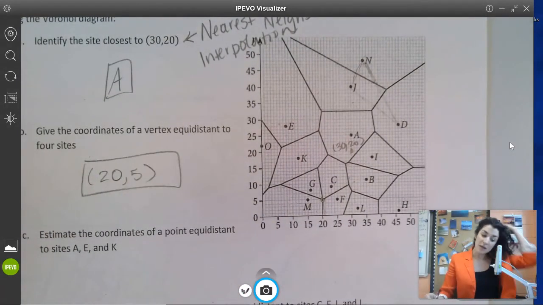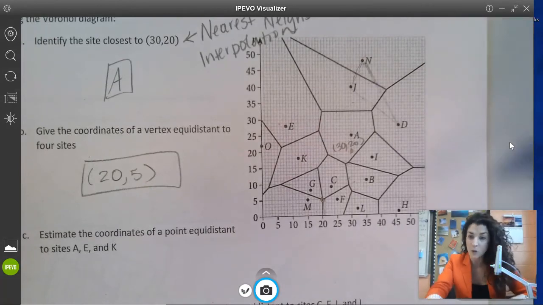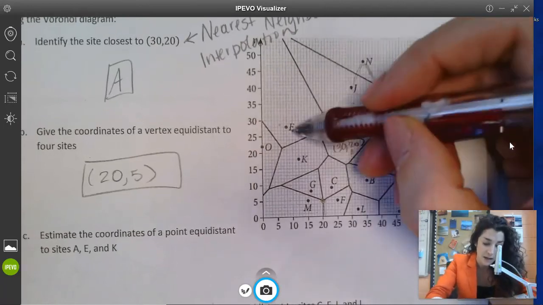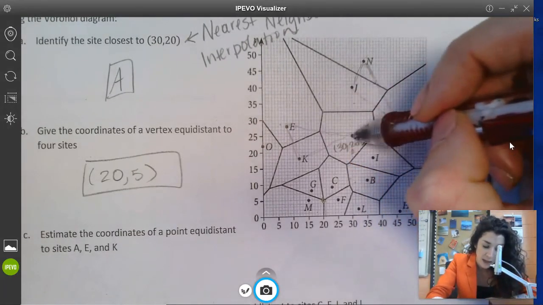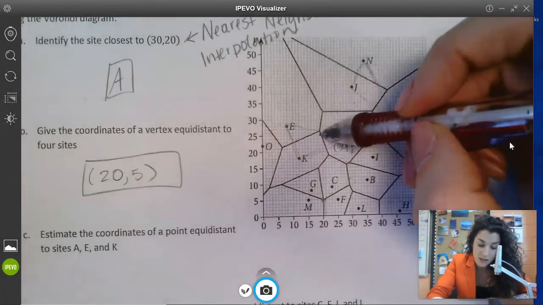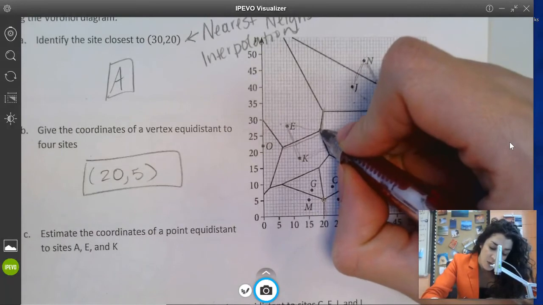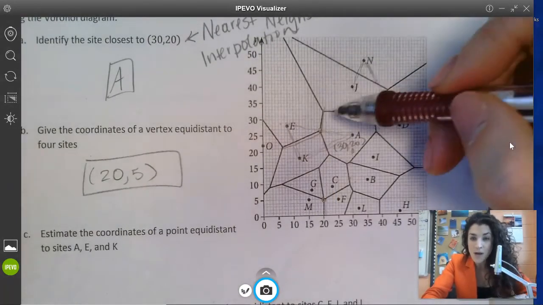Okay, it says estimate the coordinates of a point equidistant to sites A, E, and K. So I like to visualize the triangle AEK. And I'm trying to find the perpendicular bisectors of all 3 of those points, here, here, and here. And the point of intersection between them is about here. So we're going to estimate, make an educated guess at that coordinate.